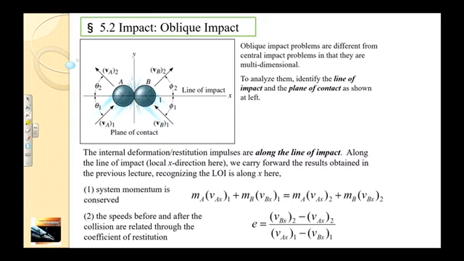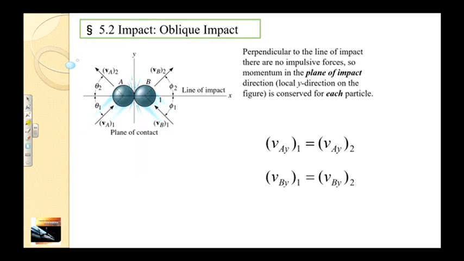I can do the same thing for B. But what we're going to say is that if the particle is conserving momentum in this plane of impact direction, we've actually got no impulse. So if there's no impulse in the plane of impact direction, that means there's no force being transferred between these balls in that plane of impact direction.